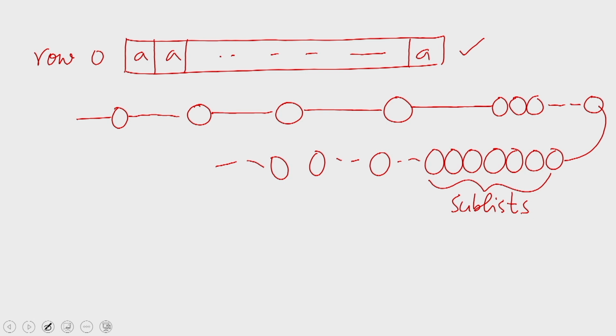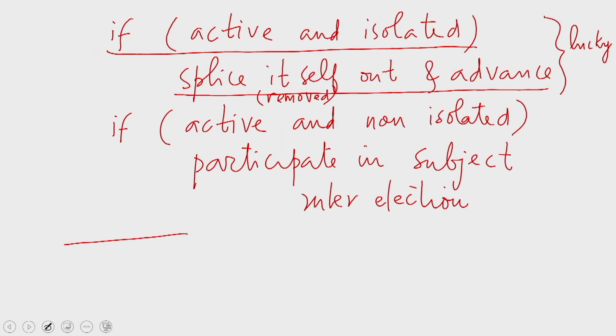The active vertices that are isolated, for example, all these vertices in our example, can be spliced out exactly as we did before. That is what this part of the algorithm does. If a node is active and isolated, we splice those vertices out and the processors in those columns will advance to the next element.